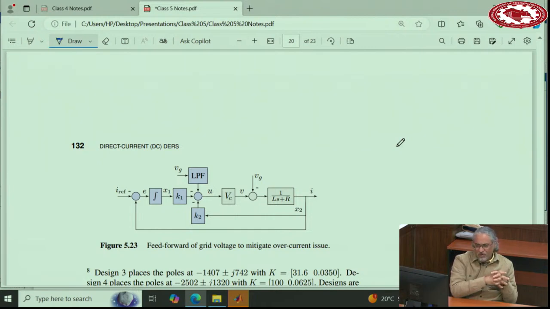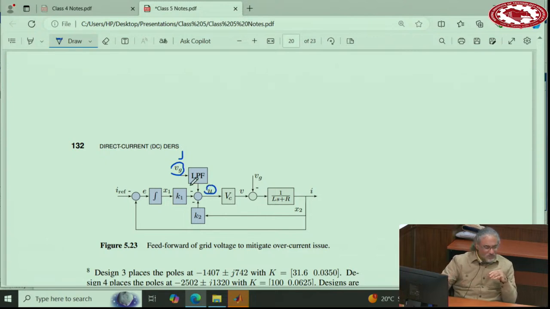So people have come up with a partial solution and a combination of these two solutions. What they do is, first of all, we design this controller. So try to make it fast again, and we will see the typical designs that we have. Now, if you take the grid voltage and pass it through a low pass filter and bring it here to the modulation signal with a proper gain, what happens is when the grid voltage suddenly drops, this modulation index also will drop.